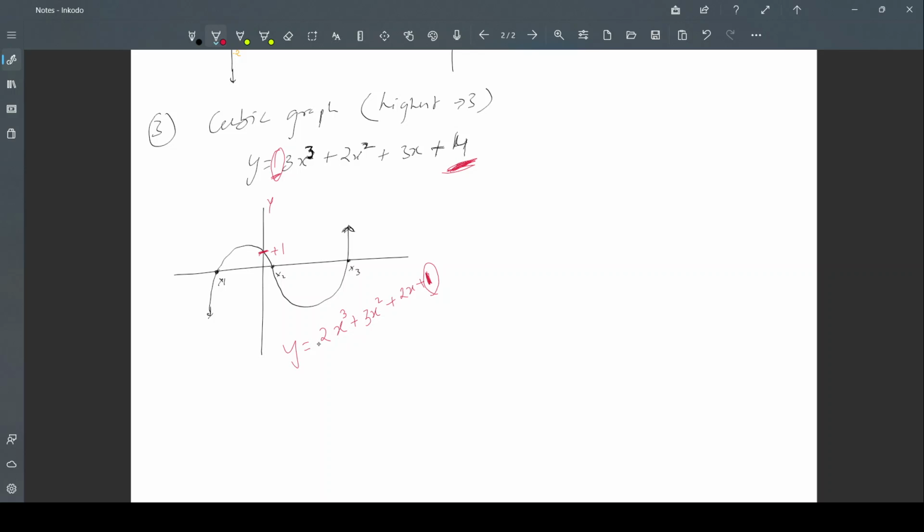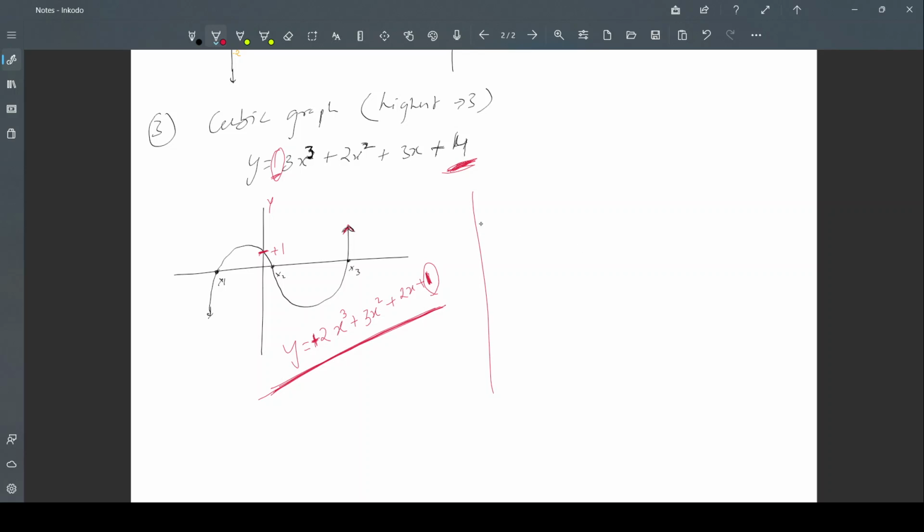And it has been observed that this graph is a positive graph, so it will be positive. I'm not sure whether this is the actual equation of this graph or not, but I can say that this is a positive graph, because the right hand side goes up, and it will definitely meet at point plus 1.